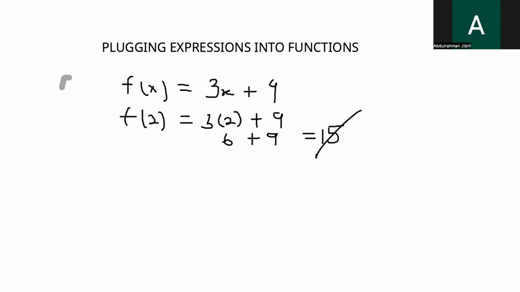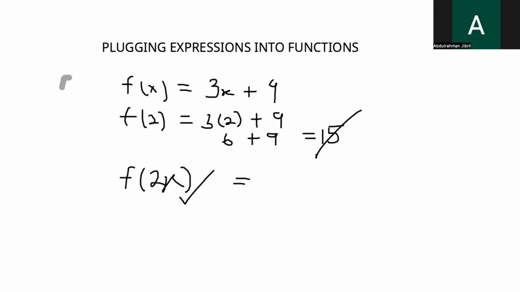Now what if you are asked to find, say, f of 2x? Now this should be very easy. You just apply the same thing you do if it was a constant. You just replace your x by 2x. Simple. So what will this be?